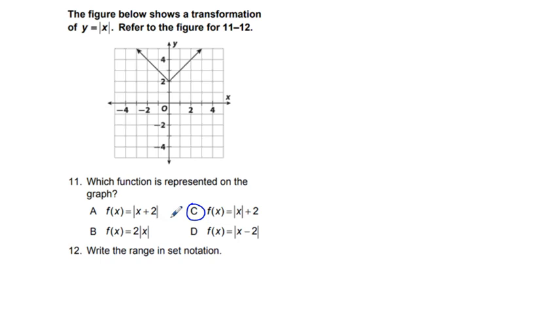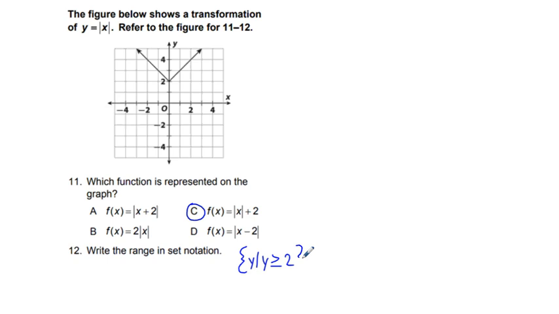And you can try all these other ones. Write the range in set notation. You can write the range in set notation in a couple of different ways. You can write this as y such that y is greater than or equal to 2.